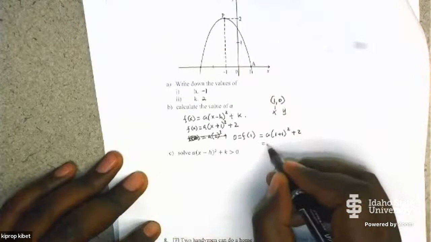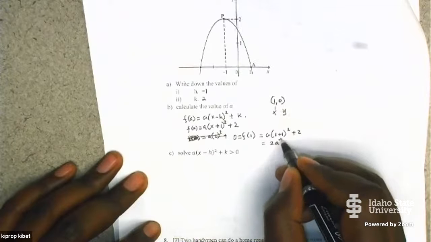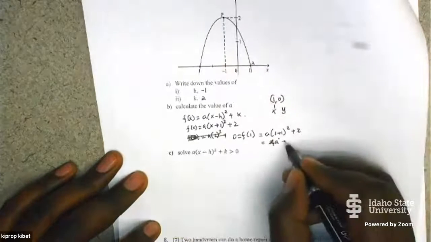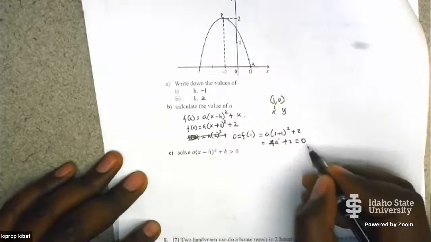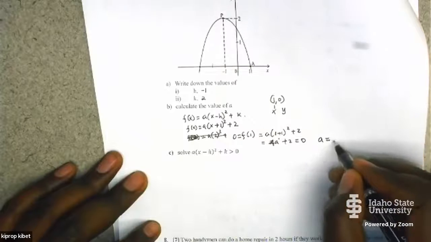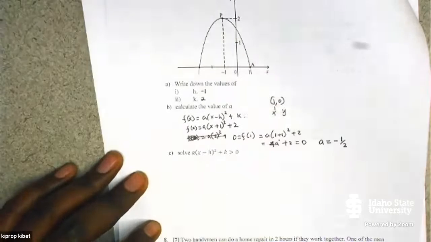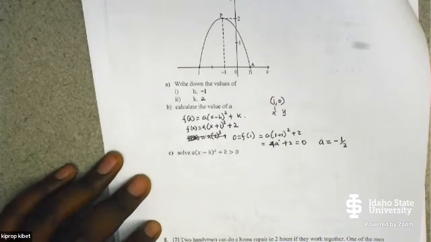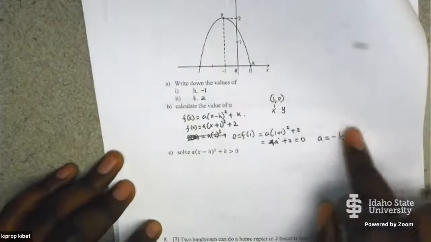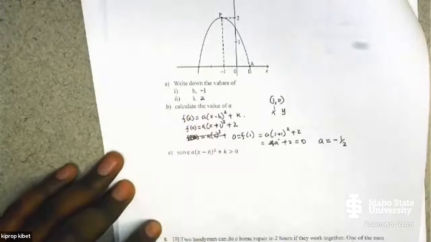0. So this is the same as 2 squared, which is what? 4. 4a plus 2 equals to what? 0. So when you take 2 to that side, you get a equals minus 2 over 4, equals minus 1 over 2. Now you already have a, you have h, and you have our k there.